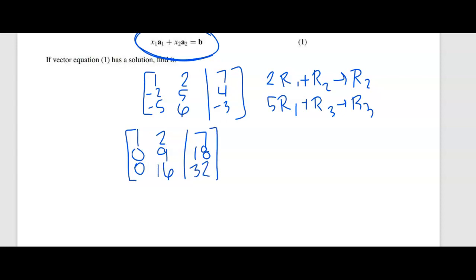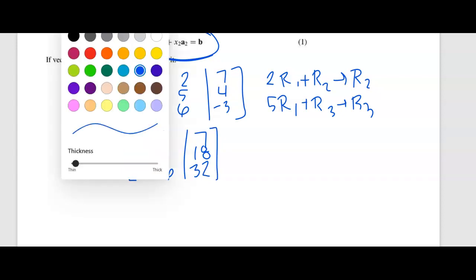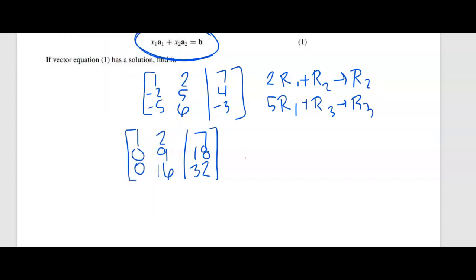All right, so notice here, I can multiply R2 and R3 by a half. If I do that, I get 1 and 2, and again, I get 1 and 2. Well, those are the same. So really, I can just replace this last row with zeros.